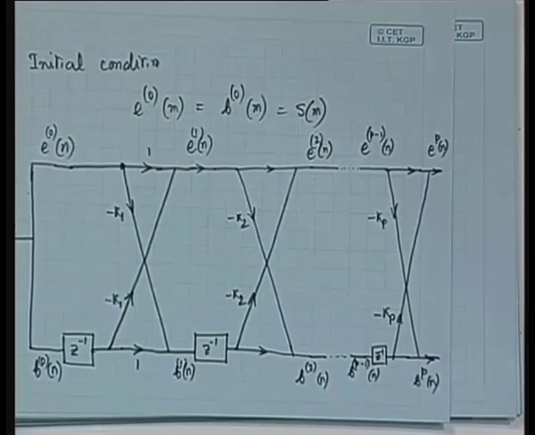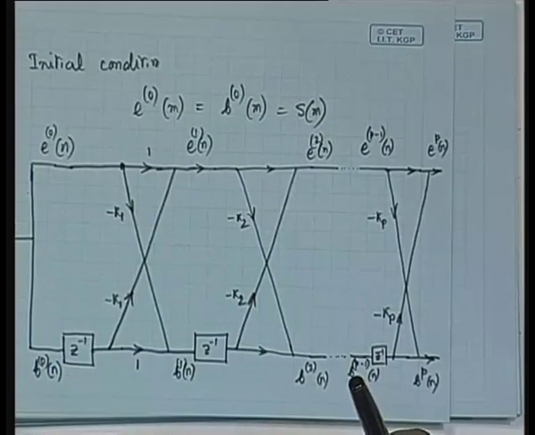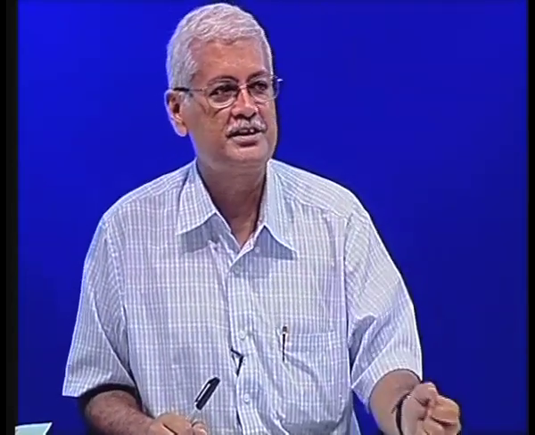Ultimately, using this Ep of n and Bp of n, in other words, this is also giving you the coefficients. Essentially what we did is Durbin's algorithm only. It is an implementation of Durbin's algorithm, so what is new in it? We have utilized a lattice filter structure for that, but essentially it is Durbin's algorithm. But what advantage is the lattice structure bringing?